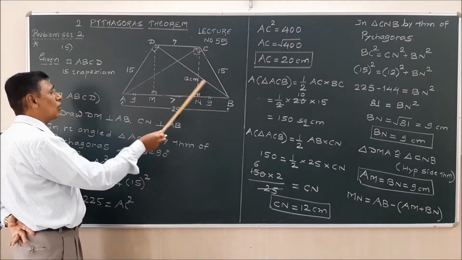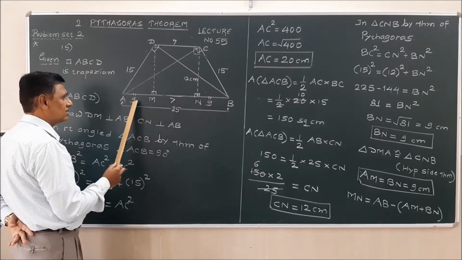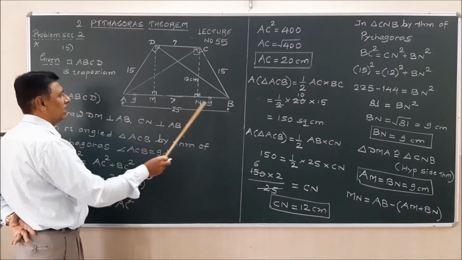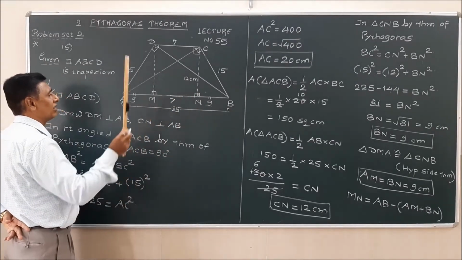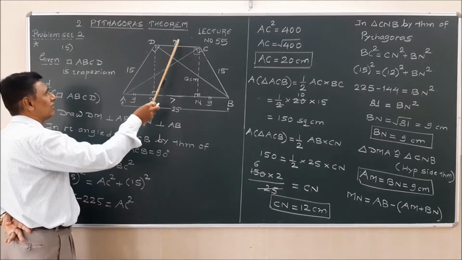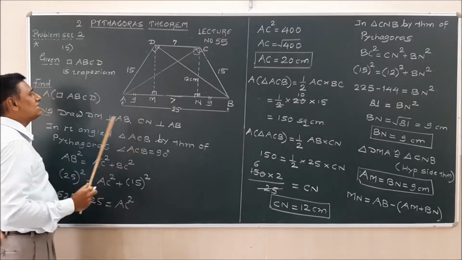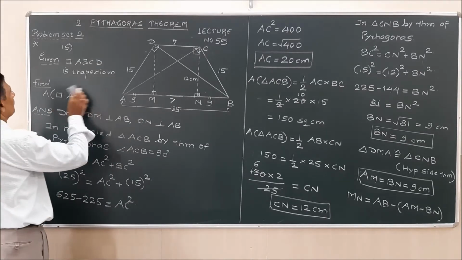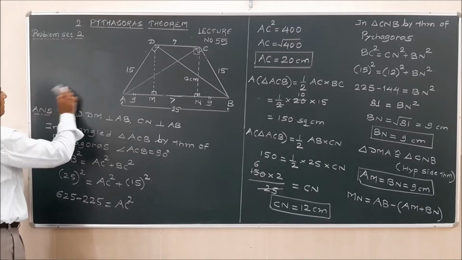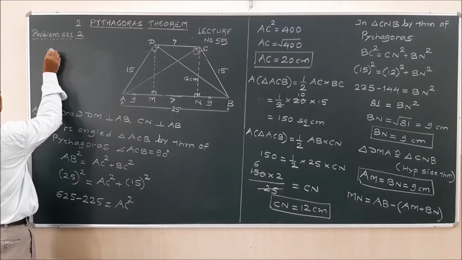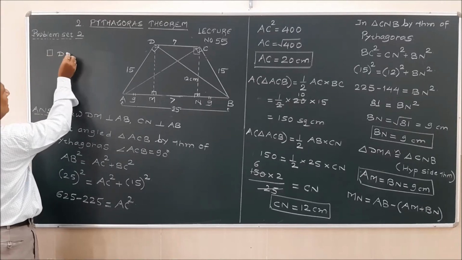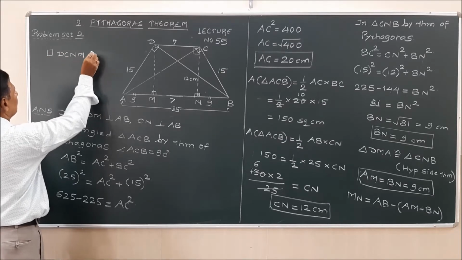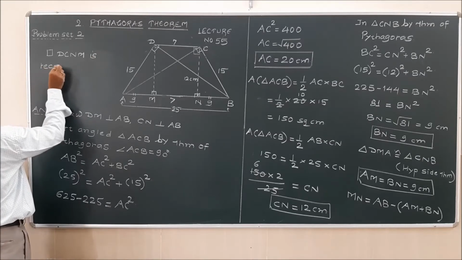These two triangles are congruent, so therefore this is 9, this is 9. You will be getting 9 plus 9, 18. So total is 25, and 25 minus 18 is 7. So quadrilateral DCNM, I am going to write now, is a rectangle.